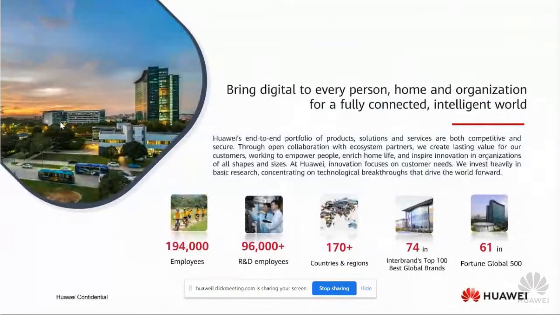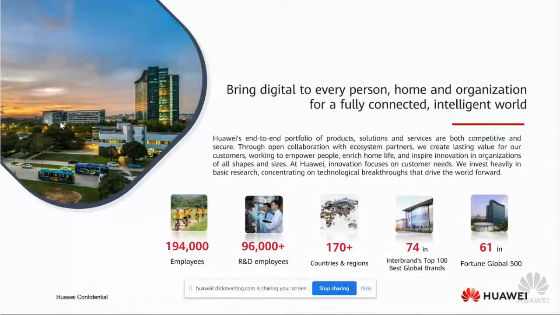Okay, so as Huawei, we are an information and computer technology company. We have more than 194,000 people all around the globe. We are operating in more than 170 countries. Half of our employees are involved in the R&D segment, so they are continuously making our solutions better and better.